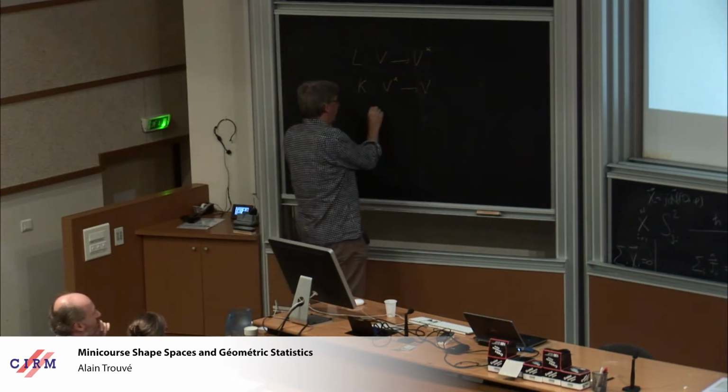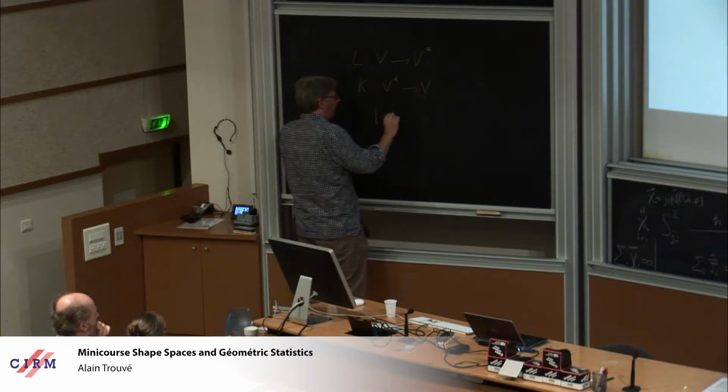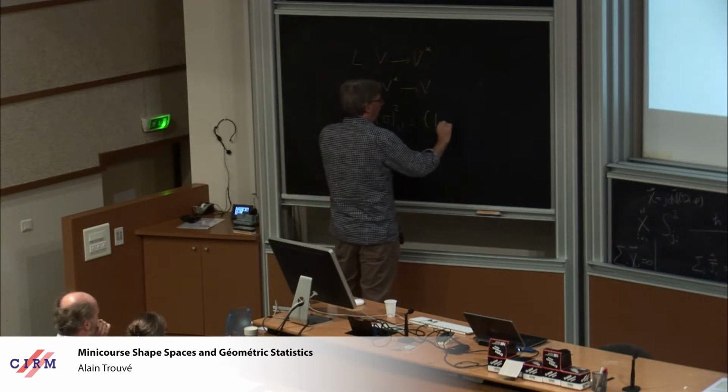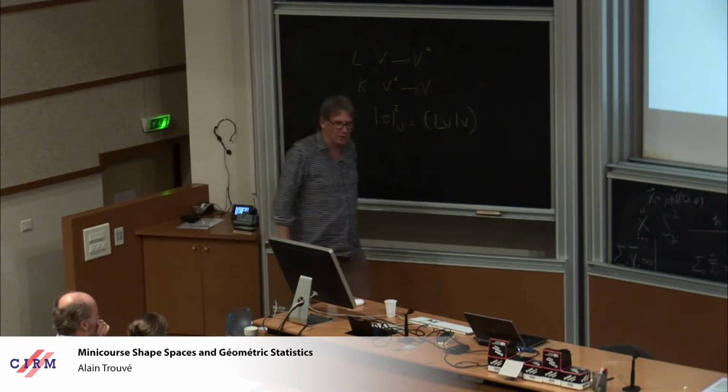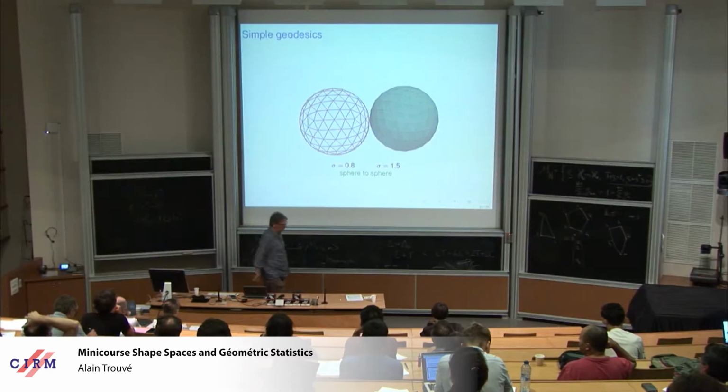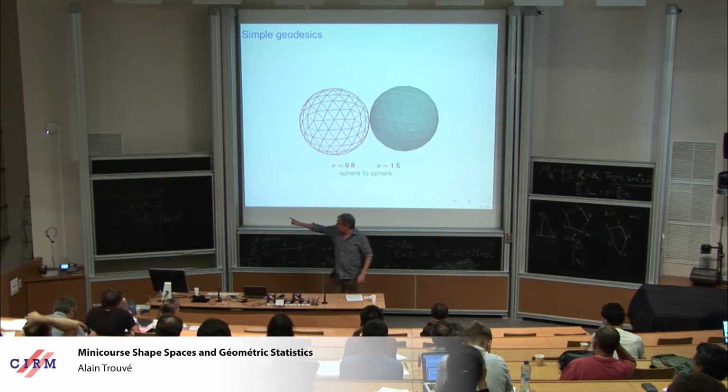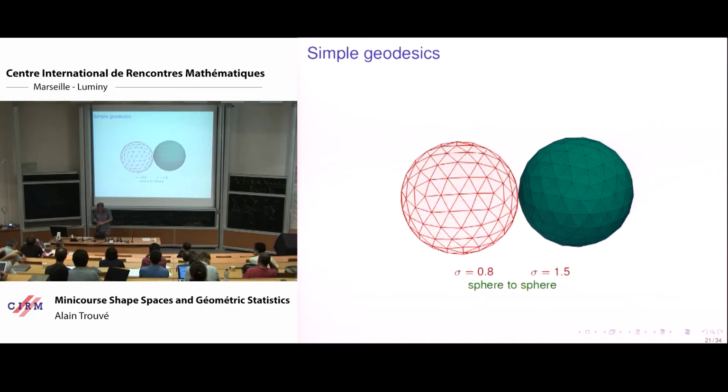So the metric is given by this. Okay, so this can be a differential operator, it can be anything here. And here this is a Gaussian kernel, and sigma is a scale. And so just to see one of these.